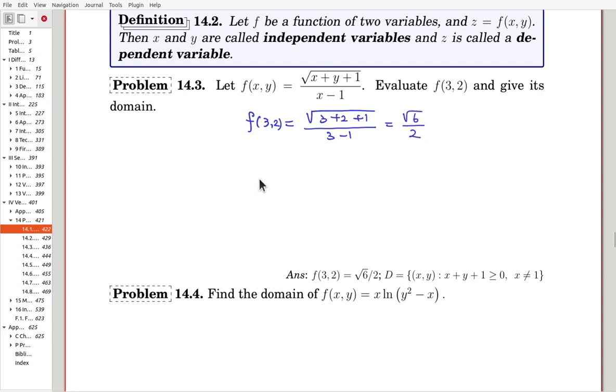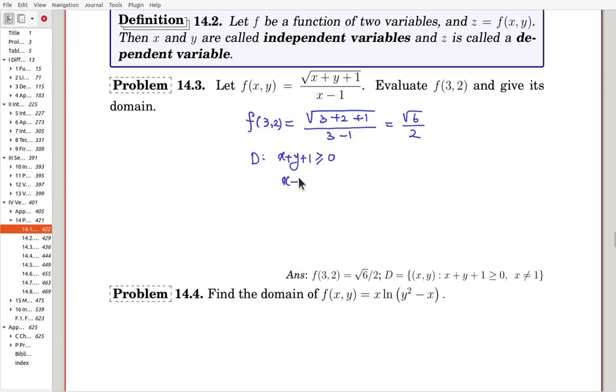That's it. Now for the domain: first of all, the inside of the radical should be non-negative, which means x plus y plus 1 must be non-negative, and the denominator must not be 0.